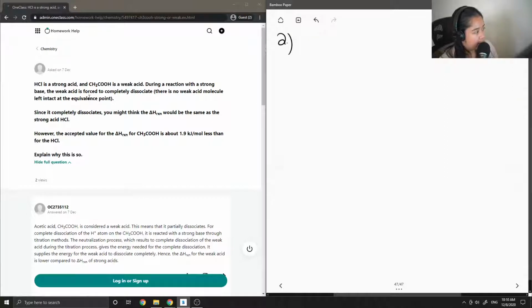Since it completely dissociates, you might think the delta H of the reaction would be the same as the strong acid HCl. However, the accepted value for the delta H of reaction for acetic acid is about 1.9 kilojoules per mole less than for the hydrochloric acid. Explain why this is so.